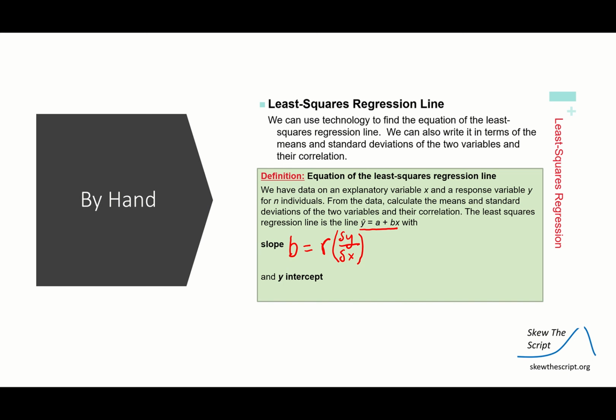Again, r is your correlation, and I'm going to abbreviate standard deviation as SD. Sy is the standard deviation of y, and Sx is the standard deviation of x.